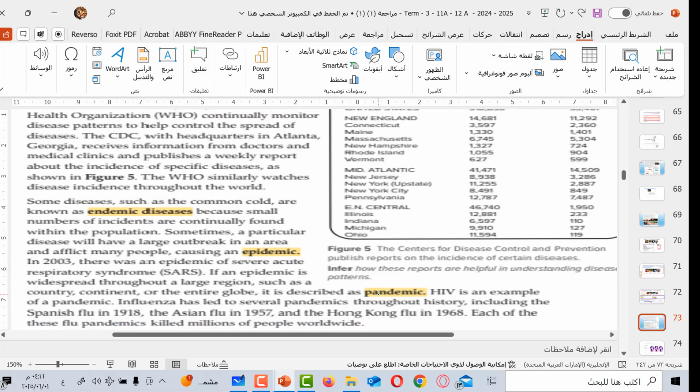And I taught you how you can diagnose between them. Okay, number one, in, it means in the city. Okay, all over the days, all over the year. Okay, this is endemic, but small amount.